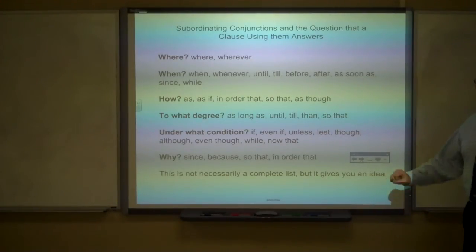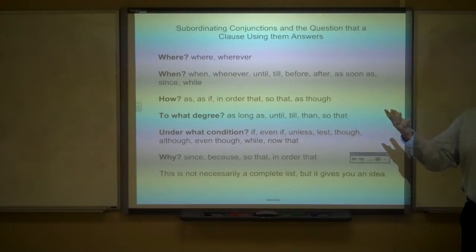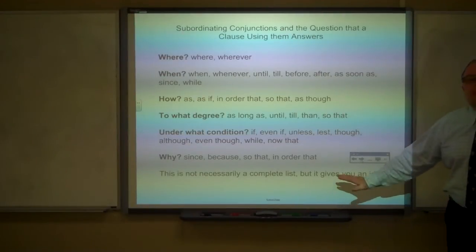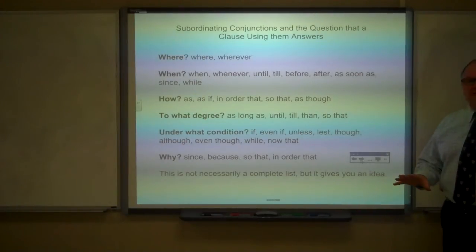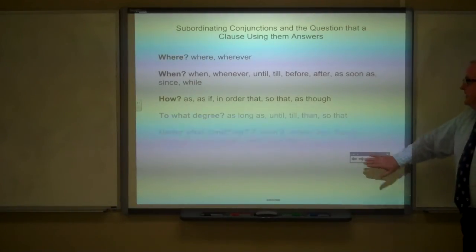Why did you do that? Because I wanted to. Or so that I could get a good grade in English class, or whatever it is. This is not necessarily a complete list, but it gives you an idea of how the subordinating conjunctions fit in the whole adverb clause idea.